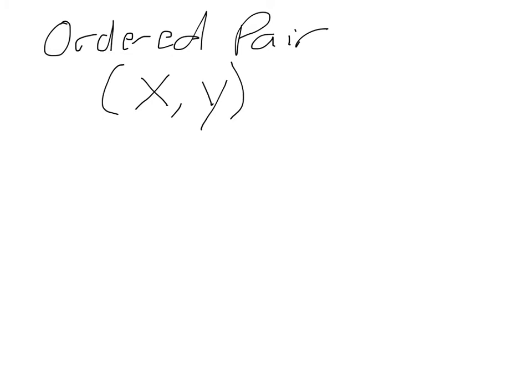So it is an X and a Y. The X coordinate corresponds to how far over we go on the X-axis. And the Y coordinate corresponds with how far we go up or down on the Y-axis.